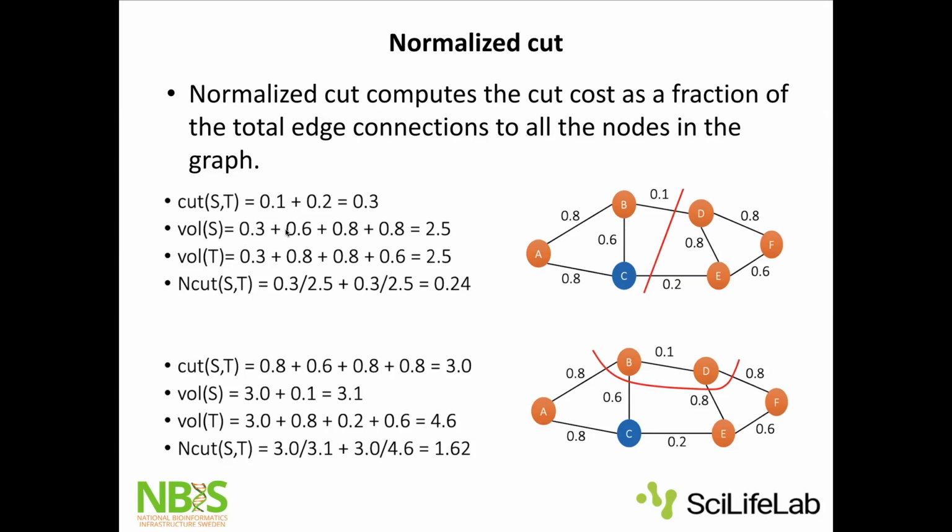So 0.3 plus all the edges on that side, and the normalized cut would be 0.3 divided by 2.5 twice. If we instead did this cut, where we're cutting these 4 edges, the cut cost would end up being much higher, which of course makes a lot of sense, but this is more formalized.